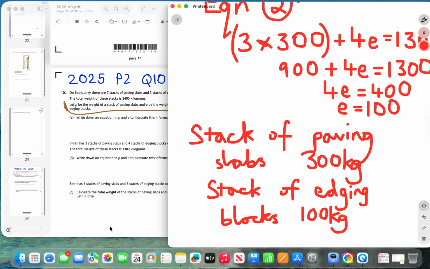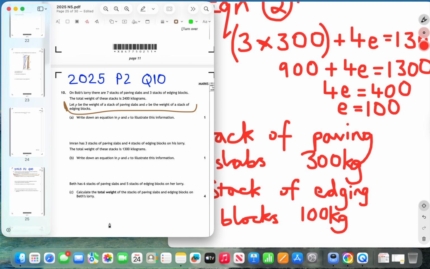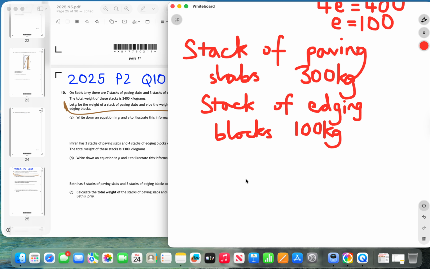But it says that we have to find the total weight. We have 6 stacks of paving slabs. I will put the weight is 6 times P, and 5 stacks of edging blocks is 5e. Sorry.